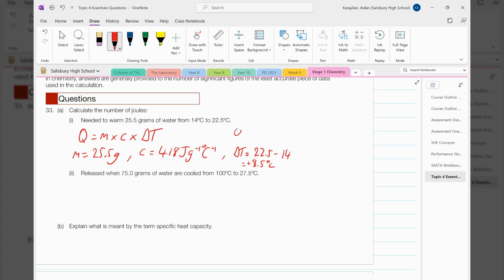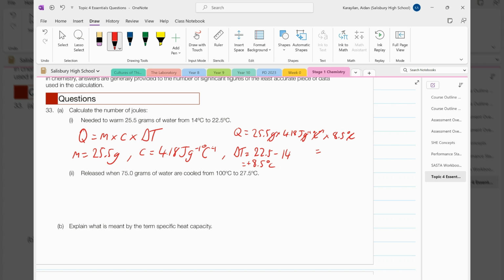So that means Q equals 25.5 grams times 4.18 joules per gram per degree C times 8.5 degrees C. Now the grams and the grams, the per degree Celsius and degree Celsius cancel each other out, leaving joules by itself.